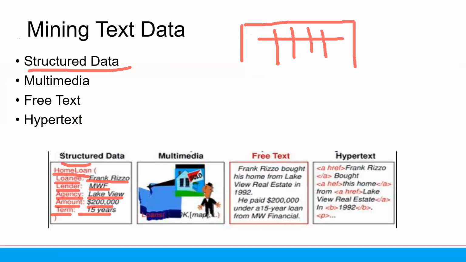But this kind of data, we put into one kind of format. Usually we call it JSON, JavaScript Object Notation. Here is another kind of data, multimedia. Nowadays it is common to see advertising on websites and mobile phones. Let's say you want to rent a house.